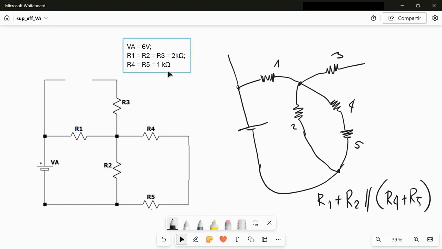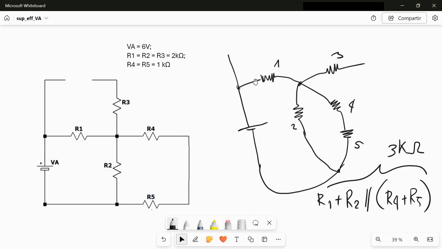We have the values of the resistors here: R1 is 2 kilo ohm, R2 is 2 kilo ohm, R4 and R5 are 1 kilo ohm each. So this is a parallel between 2 kilo ohm and 2 kilo ohm, which is 1 kilo ohm, plus 2 kilo ohm over 1, so this value is actually 3 kilo ohm.